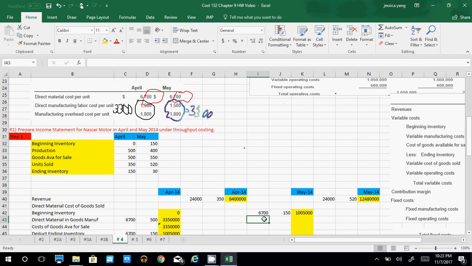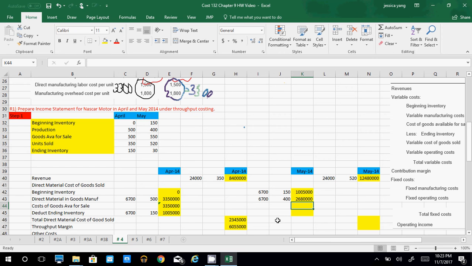For direct material and goods manufacturer, we will still take the 6,700 from May of direct material cost per unit and multiply that by the 400 units in production in May, to get a total of 2,680,000.